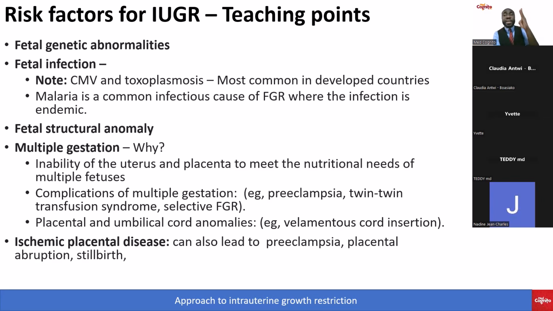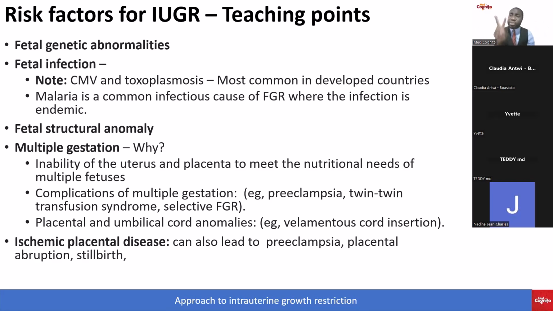Then it could be multiple gestation. Please, doctors, we are reviewing risk factors for intrauterine growth restriction. Kindly take note of this because this is a major enabling objective. And why is multiple gestation a risk factor? Number one, you know that the uterus is limited.